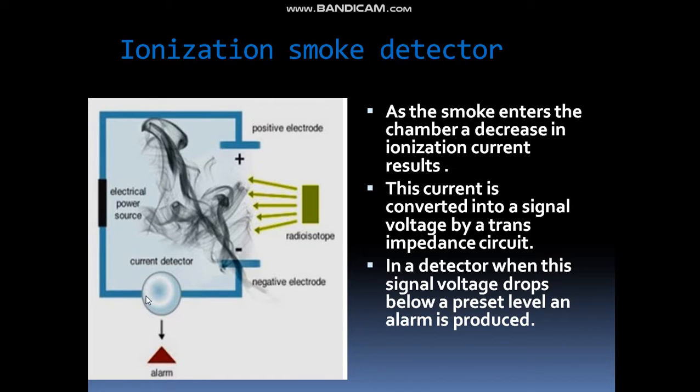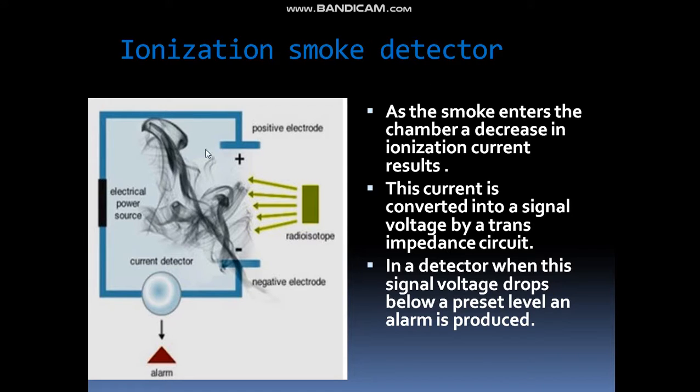When the signal voltage drops below a preset value, which we have already set, then the alarm is produced. In this way we can identify that smoke is present, that means a fire accident has occurred. In this way the ionization smoke detectors work.